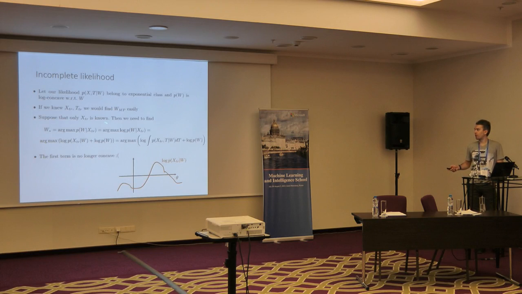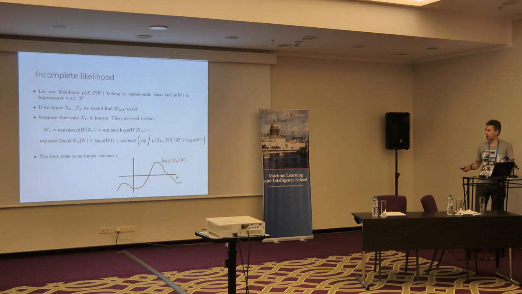Now let us assume that we know only x train and t train is unknown to us. Then we need to estimate the maximum of the posterior distribution p of w given x train, not t train. This is equivalent, of course, to the argmax of log of p of w given x train. Then we may write it down as log of p of x train given w plus log of p of w. The second is just the log of our prior, which is a concave function, and the problem is with the first term.